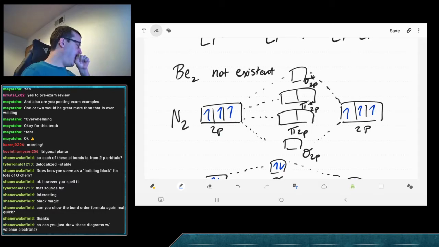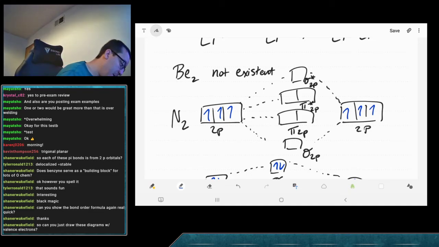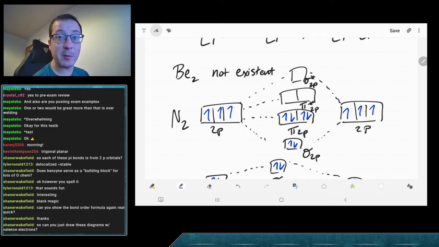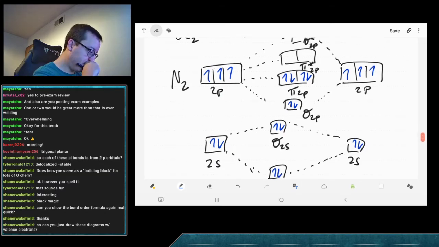Looking at this, we have 6 electrons for our p orbitals. So let's put them in: 1, 2, 3, 4, 5, 6. We're going to do the same thing we did before. Fill them unpaired until we have to start pairing them off, and always from low energy to high energy. So looking at this, let's look at the bond order of nitrogen.